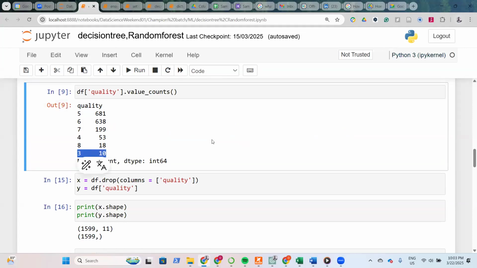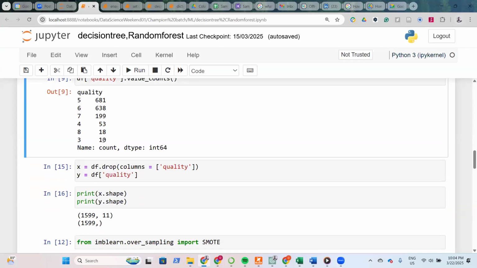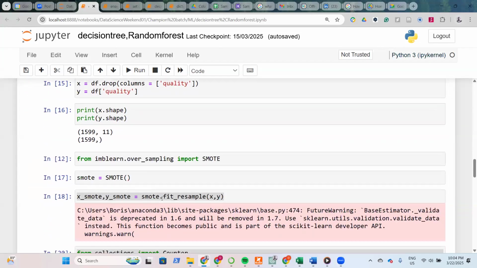So I said, if you apply SMOTE, it's going to redistribute that data and it's going to be good.